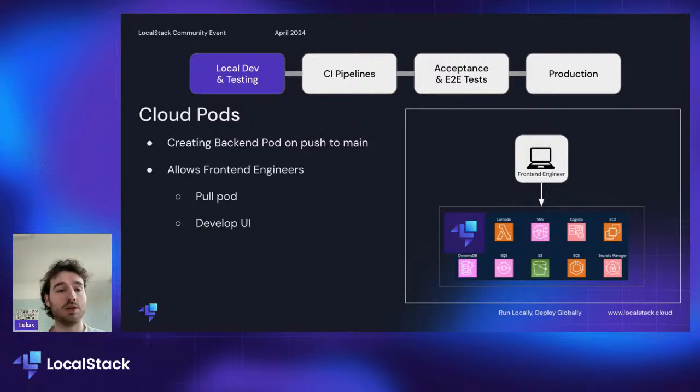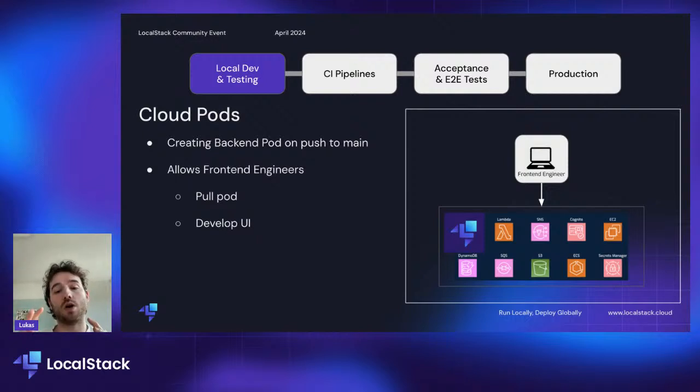And last but not least, for local dev and testing, we also make use of our Cloud Pods. What we have in the backend repository on GitHub is an action that creates a pod on each push to main. For those unfamiliar, pods basically take a snapshot of the state of LocalStack and persist it in our storage backend.